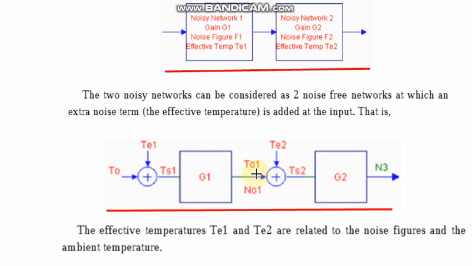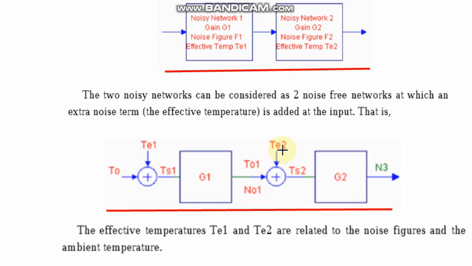The total noise temperature is TS1 for noisy network 1. This will provide T01, that is the output noise temperature of noisy network 1, and N01. Here N is for noise power, the noise output power of noisy network 1, and this will be added to TE2.